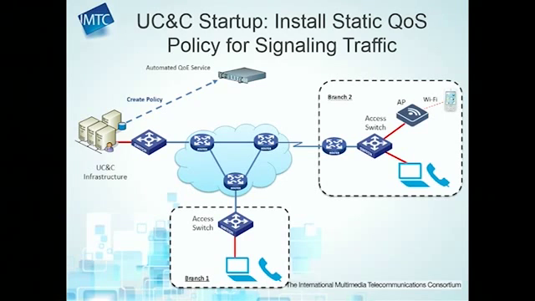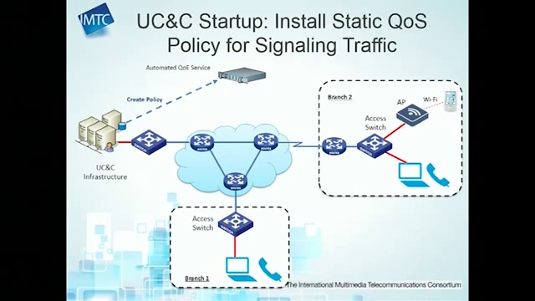So the UC&C infrastructure would do that when it first starts up. It sends a message to the QoE service saying, apply QoS policy to my signaling traffic, and the signaling traffic would be identified based on the protocol that's being used. For example, mark all traffic at port 5060 to the IP address of my proxy server.